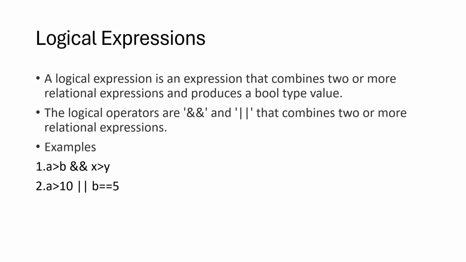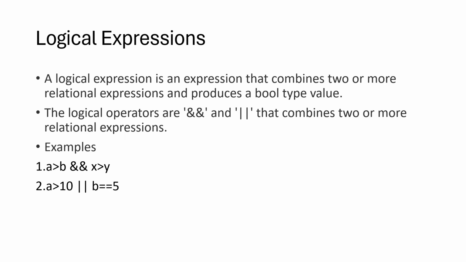Logical expression. Logical operators are used here. A logical expression is an expression that combines two or more relational expressions and produces a bool type of value. So on both sides there will be a relational expression, and in between, a logical operator is used for the comparison.